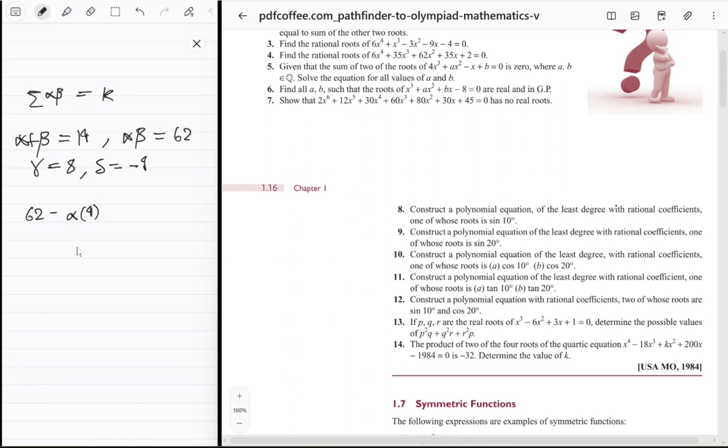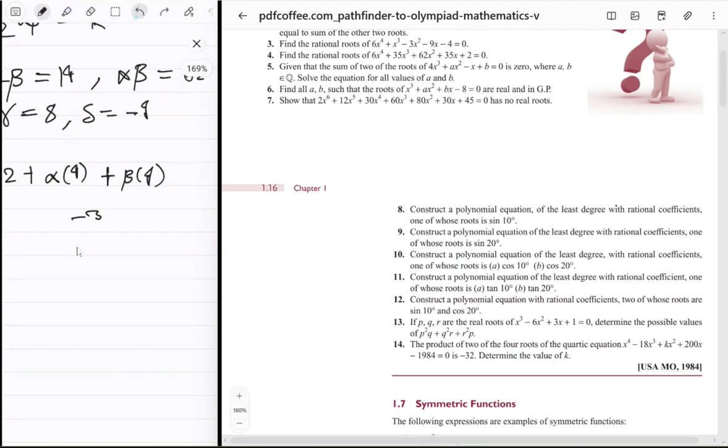Similarly, you'll have beta times gamma and beta times delta, because beta times alpha is already used up. So that's going to be beta times 4. Why am I doing negative over there? That doesn't make any sense. It should be positive. Yes, it should be positive. That makes sense. Okay, so beta is done, and then finally you got gamma times delta. That's the only last term, which is negative 32.